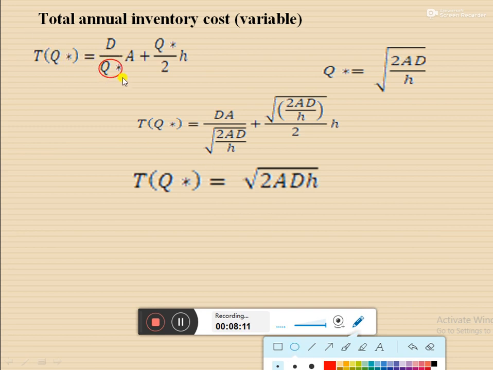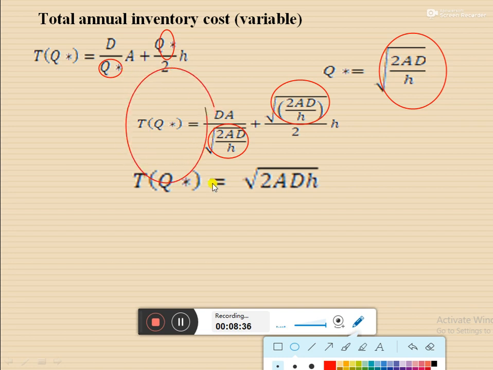By replacing Q star in this formula with its formula, that is square root of 2AD divided by H, and similarly replacing this Q star with the formula, the new formula will look like this.